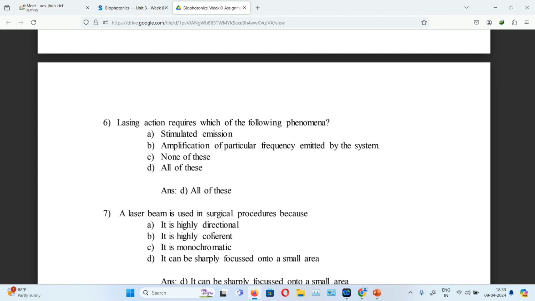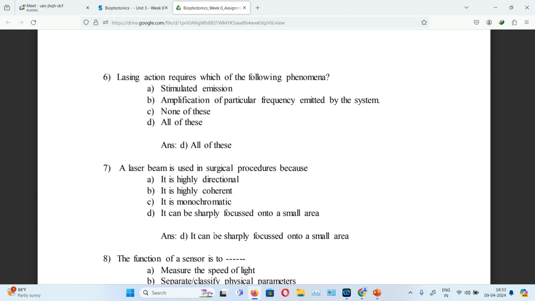If you use light, you can focus it, and the focused beam will be micrometer size, so the cut portion will have micrometer dimensions. That can cut in a precise manner, damaging a very minimal number of tissues. That's why laser is used in surgical procedures, because it is very sharp, sharply focused on a small area.